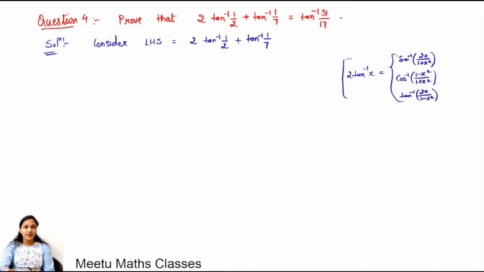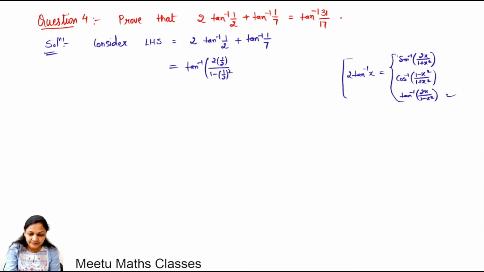But our requirement is to change 2 tan inverse something into tan inverse of something. So we are going to use this formula, and using this formula we can write tan inverse of 2x upon 1 minus x square. Okay, and this is tan inverse of 1 by 7 only.